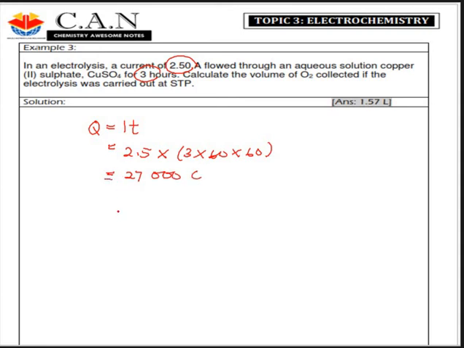Okay, so dia nak volume of O2. Okay, oxygen gas is collected dekat mana? Anode ataupun cathode? Ingat Madam cakap hari tu, oksigen adalah terhasil daripada proses oxidation. Okay, maksudnya berada pada anode. So kamu kena buat equation dulu, iaitu H2O di anode.